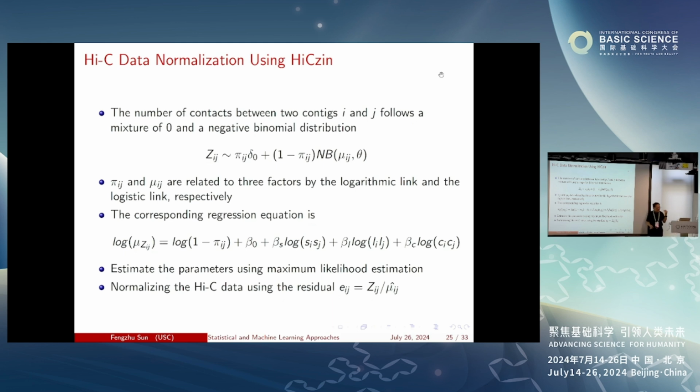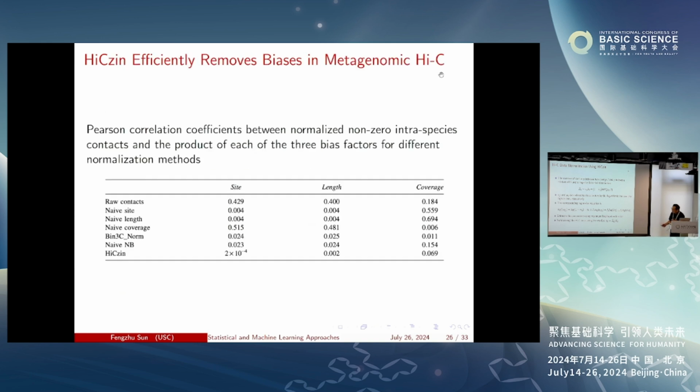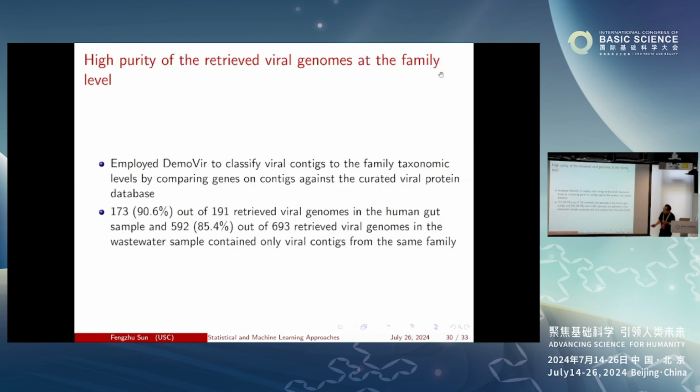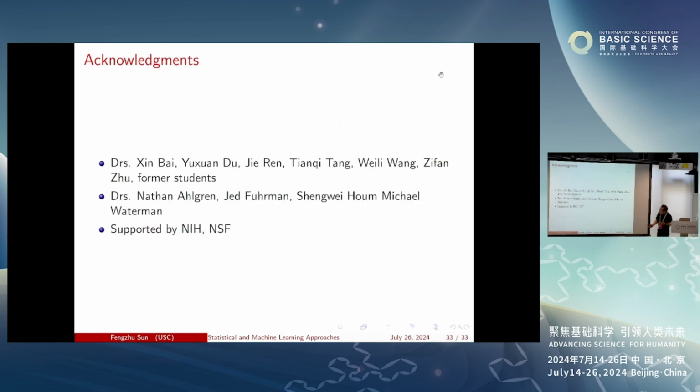Within 5 years, he got 2 Nature Communications papers, 1 Genome Biology, and 2 Recomb papers. Immediately after his PhD, he got a faculty position in the computer science department at the University of Texas at San Antonio. That's my first student to immediately get a faculty position, so I'm very proud of him.